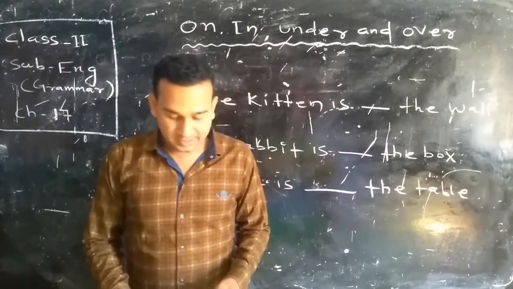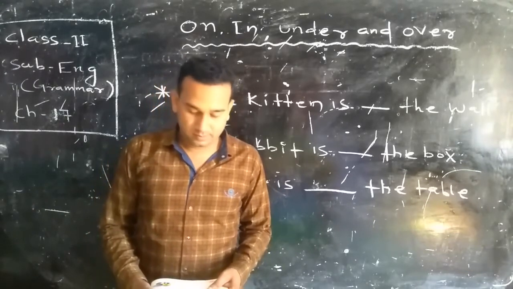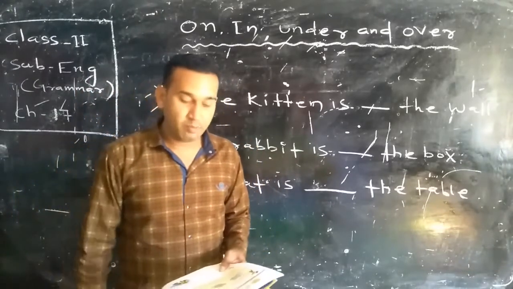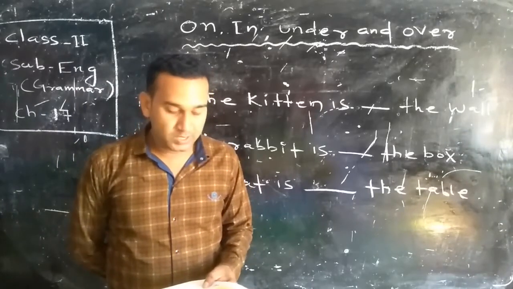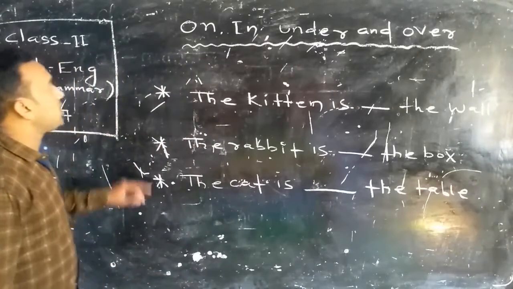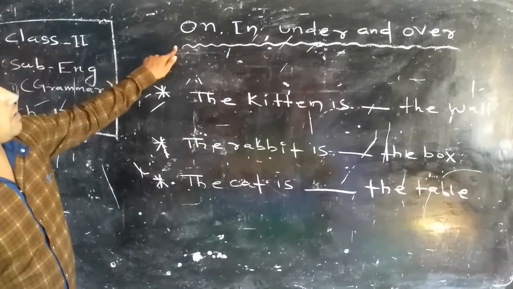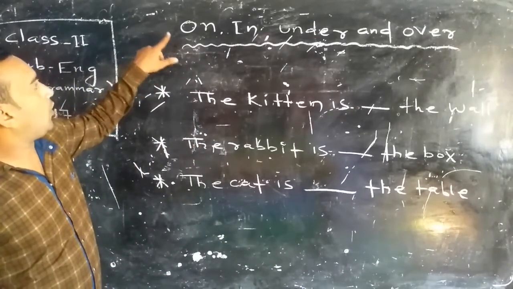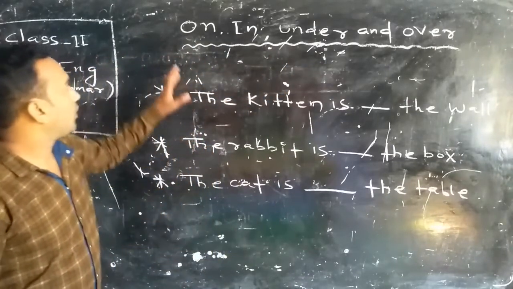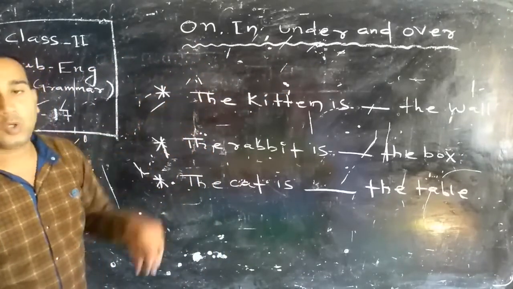One kitten is on the wall, and one rabbit is in a box. One cat is under the table. So we have to use these words: on, in, under, and over.